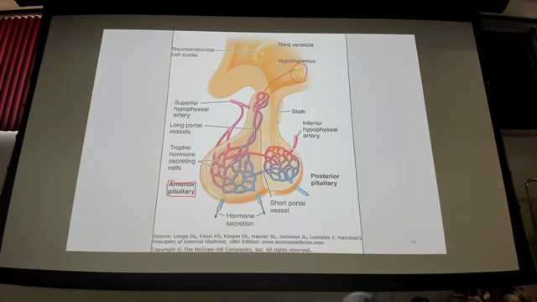The portal vessels take it down to be stored and distributed in the anterior pituitary. Anatomically, does that make sense to everybody? So the hypothalamus makes it, it's distributed down into this portal system, and then it goes out in venous circulation.